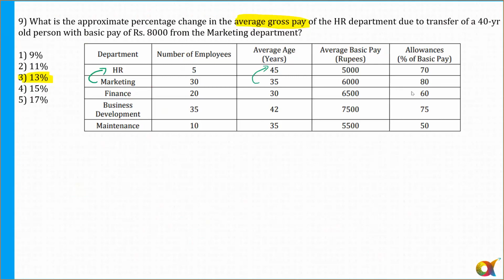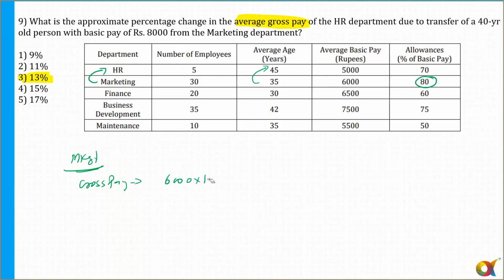So initially this person from marketing, the basic pay is equal to 8,000. So what is the gross pay? If I'm talking about marketing, the person is shifting, what is the gross pay of this person? I can say that is equal to 6,000 into 1.8. But when he moves to HR, he will get an additional allowance of 10% of the basic pay. Yes or no? So already 80% plus 10%, that is equal to 90%.